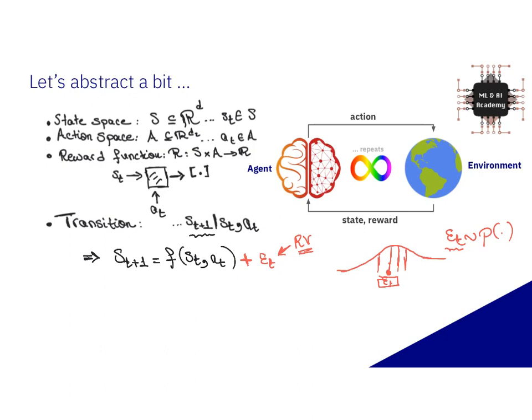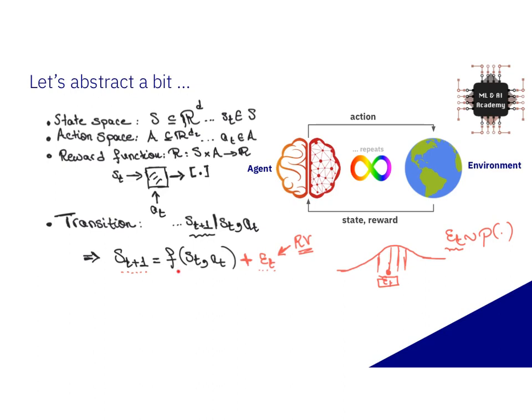But now notice that because this is a random variable, that makes this also a random variable, which means now st plus 1 is not just one value that you will observe. Even if you had applied the same st and at to this function f, right?